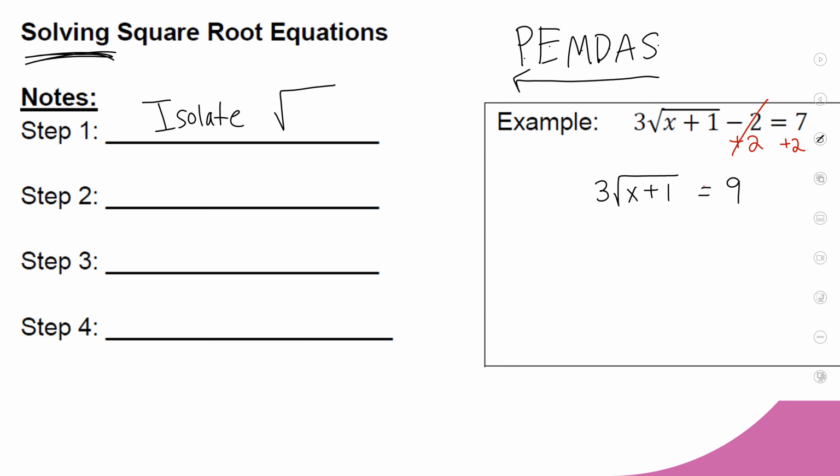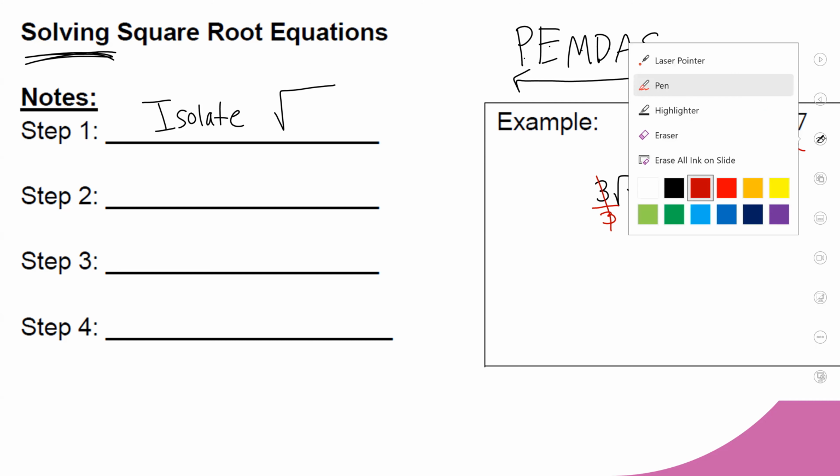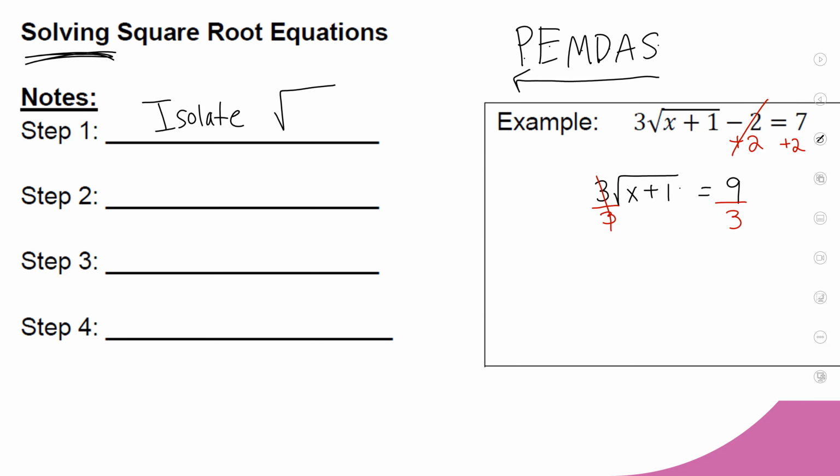Exactly. So guys, let's go ahead and divide both sides by 3. And let's see what we have left over now. We have the square root of x plus 1 equals 9 divided by 3 is 3. Okay, so we have finally finished step 1.